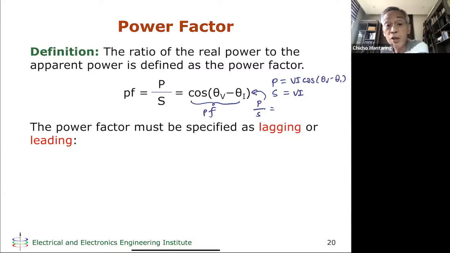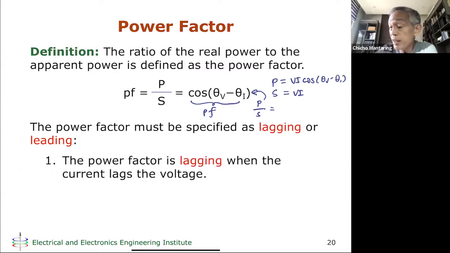Now, your power factor must be specified as lagging or leading. So again, when you take a look at equipment rating, sasabihin doon kung ano yung power factor. This will give you an idea of the phase angle between your voltage and current when you use that particular type of equipment, and it will be specified there lead or lag. Ano yung ibig sabihin ng lead or lag?